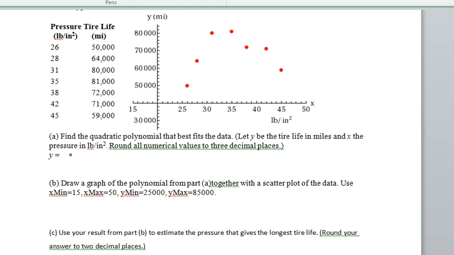So I'll go back in, and so we've got negative 275.062 x squared, where the x is the pressure in pounds per inches squared, plus 19,745.685 x minus 274,059.354.